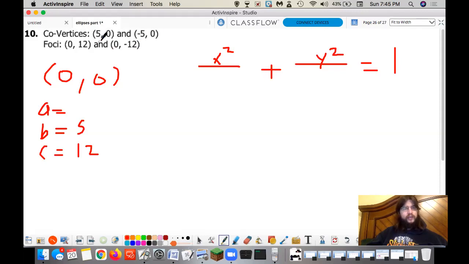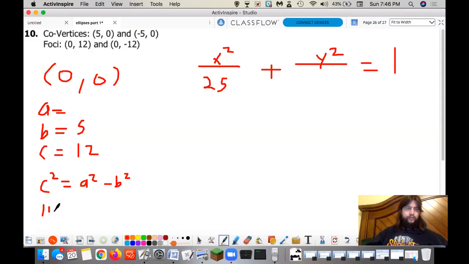So what's changing? The x's are changing. That's my co-vertices. So B goes underneath the x's. B squared. C squared equals A squared minus B squared.